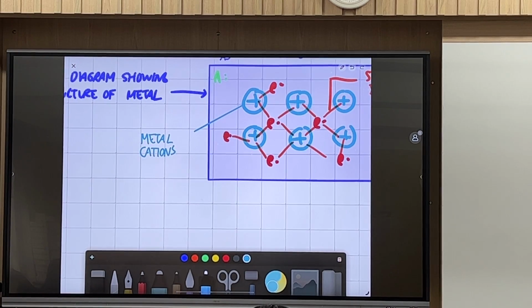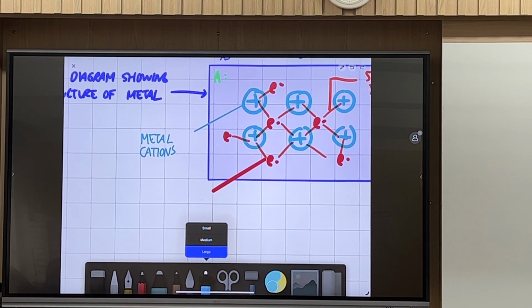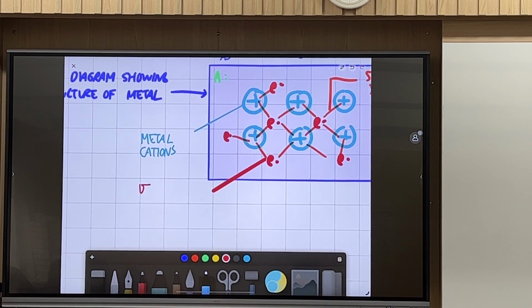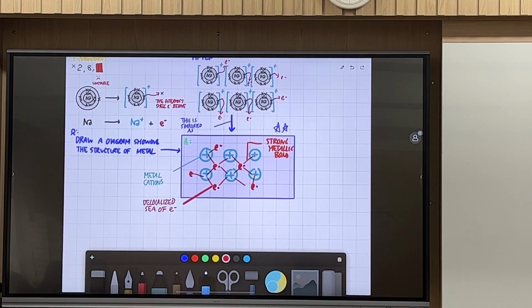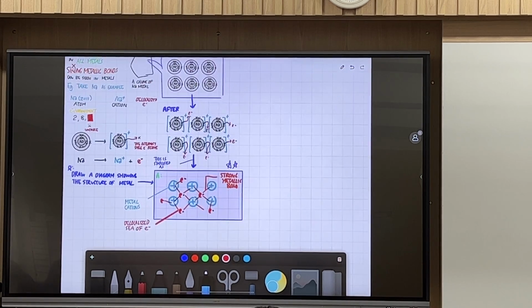And then we have, write down the delocalized sea of electrons. So this represents a delocalized sea of the electrons. And you label this last thing as metallic bond. So this is metallic bond.